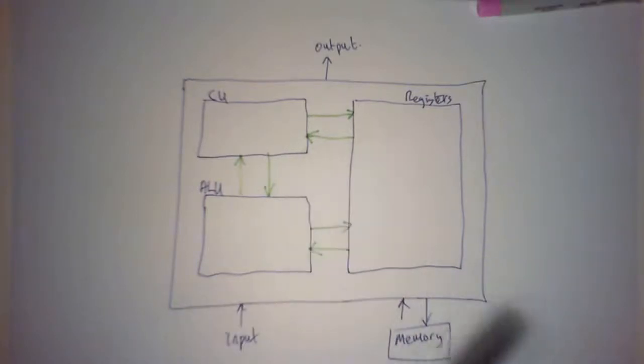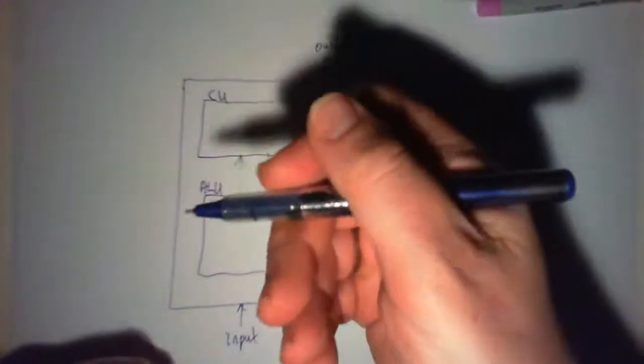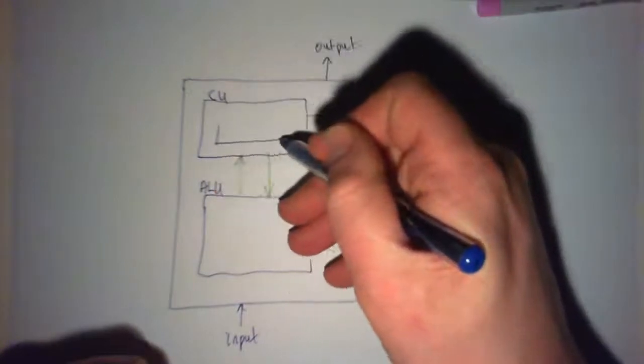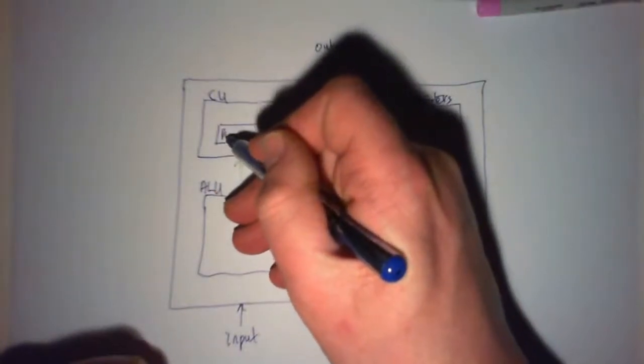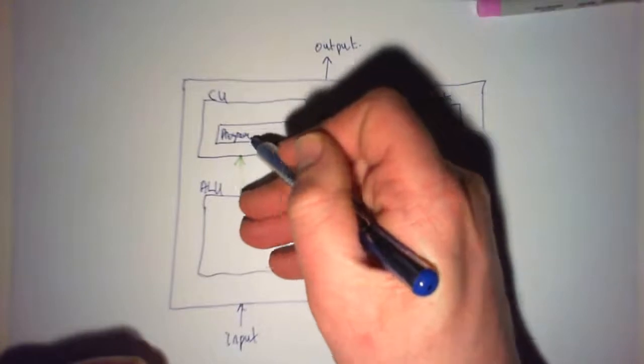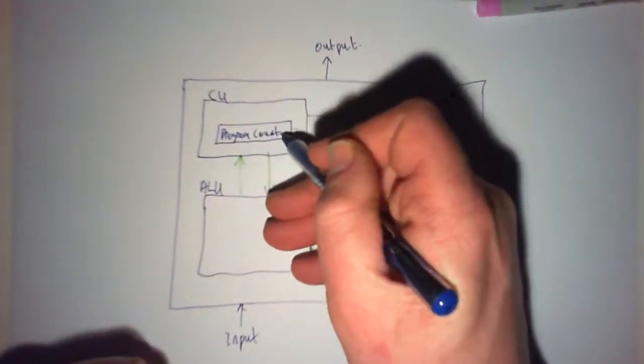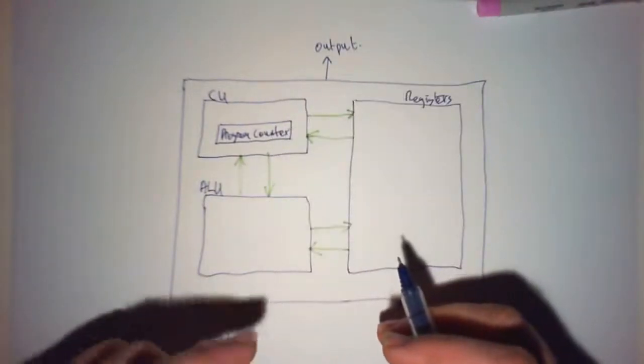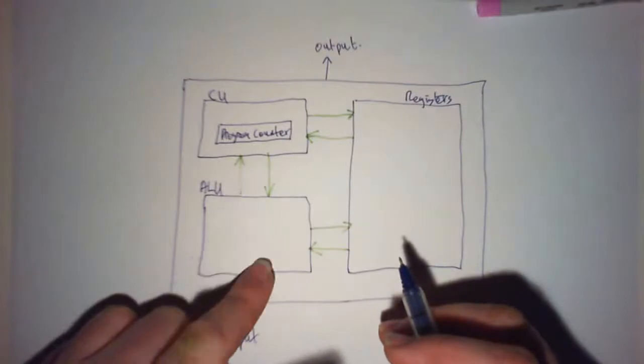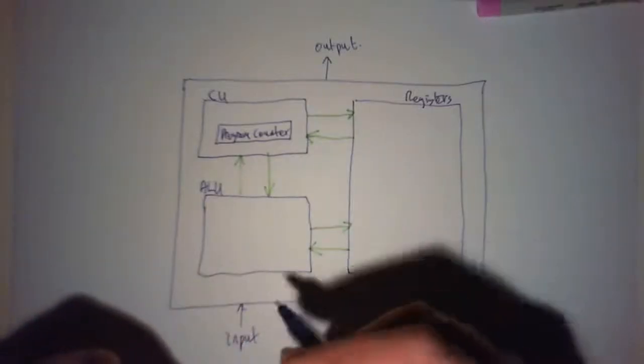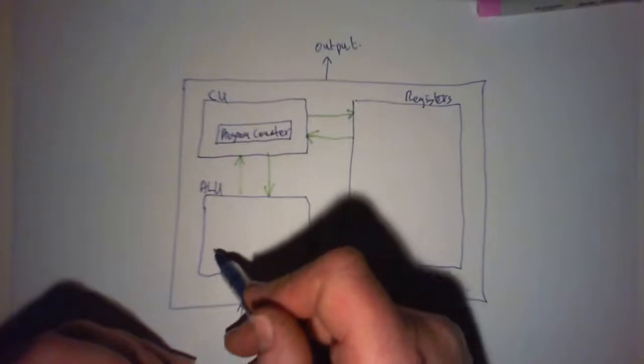Now, once you've got that done, then it's just about remembering what's inside the control unit. Inside the control unit, you have what's called the program counter. In the ALU, you have what's called the accumulator.